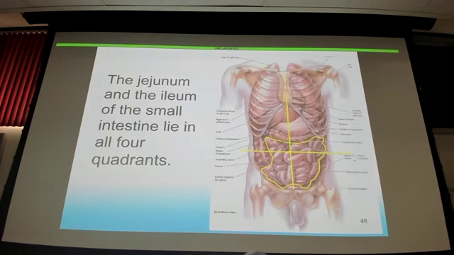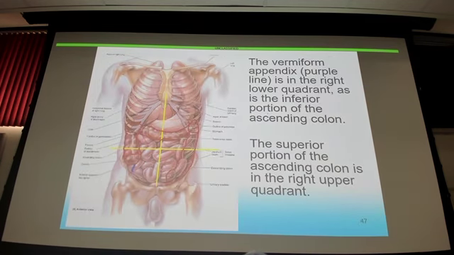If you look at the small intestine, that one's easy because it's in all 4 quadrants, and it goes all the way through. The only confusing part for some people about looking at these quadrants is when you get to the colon or the large intestine, because it's in all 4 quadrants, but it's more specified for what parts of it are in there.